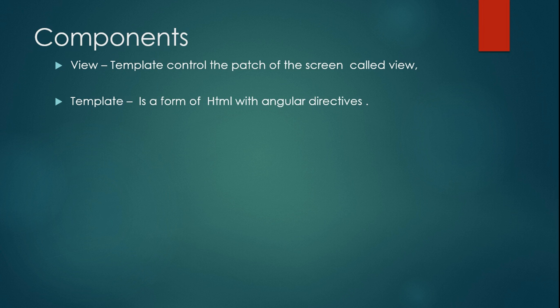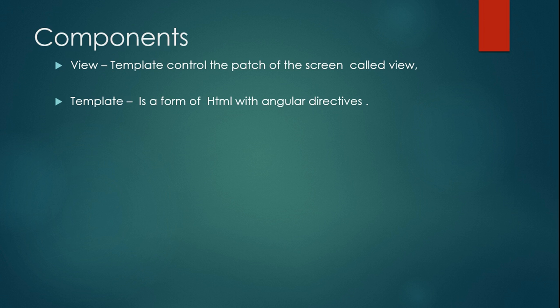The template, as I was mentioning from the beginning, is a patch of HTML with Angular directives. So a template is an HTML page, but in Angular with Angular directives.